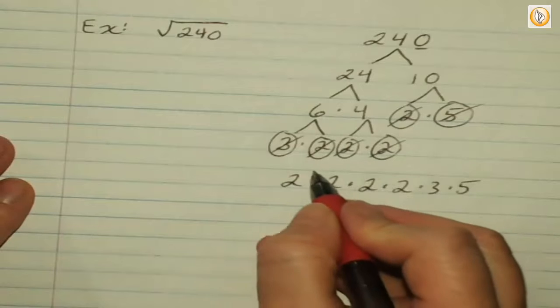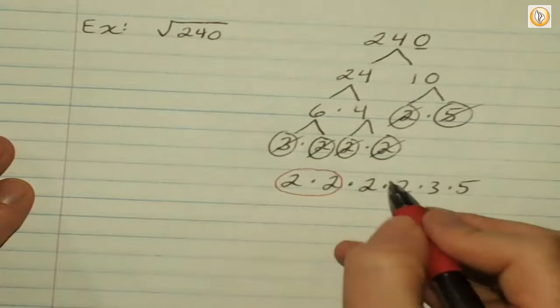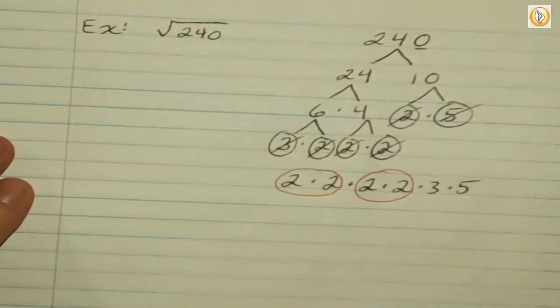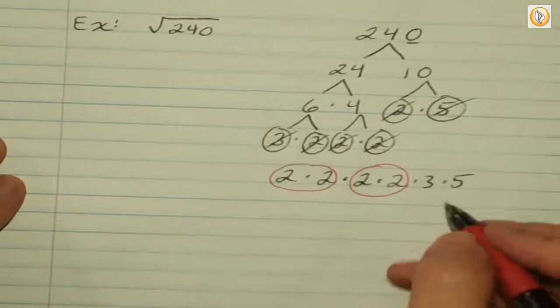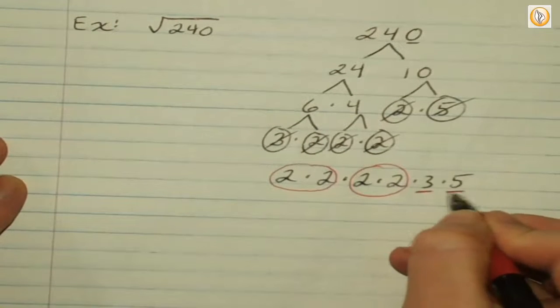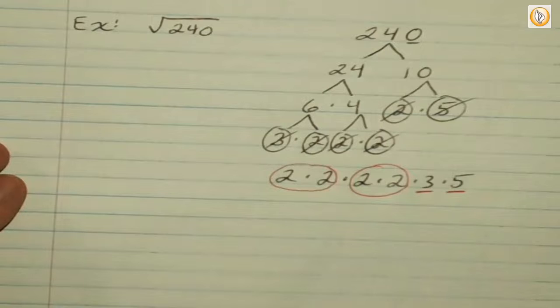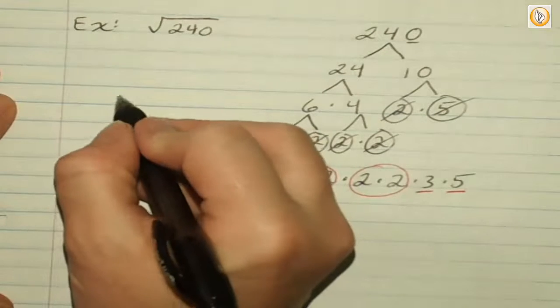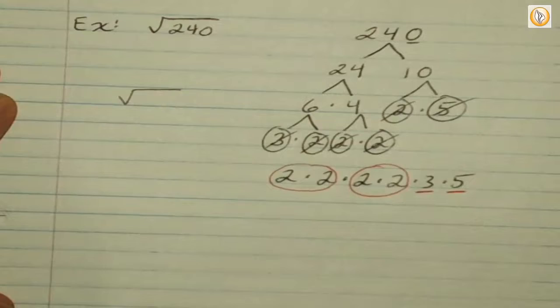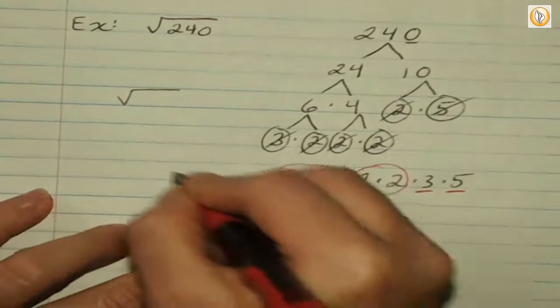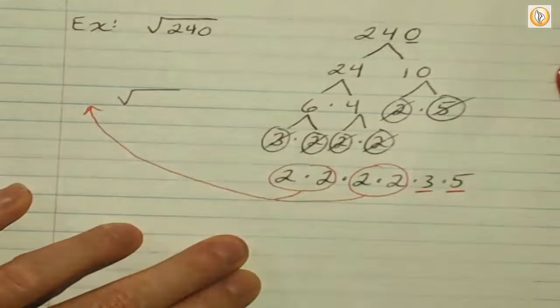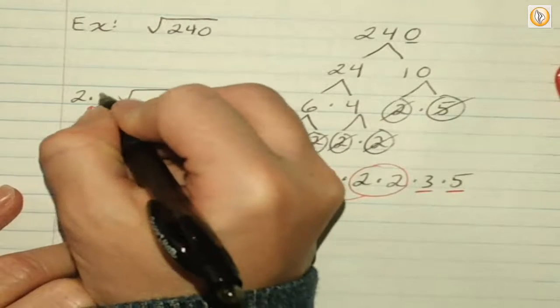So now I'm going to circle all my pairs. And then, so this time, what's my leftovers? 3 and 5. That's right. This time I have 2 leftovers because I don't have pairs for them. So I'm going to write my radical sign. These pairs go on the outside, and that would be 2 times 2.